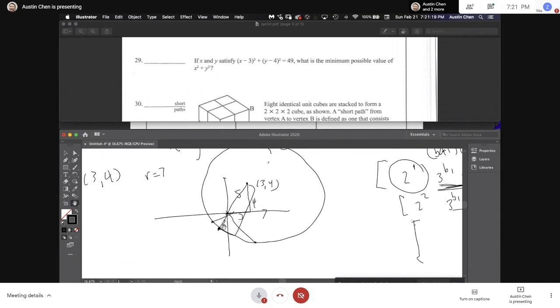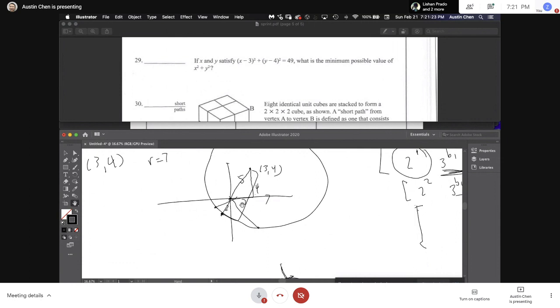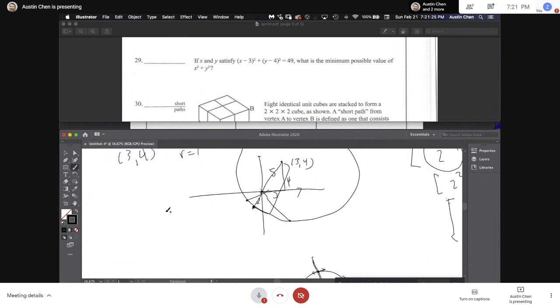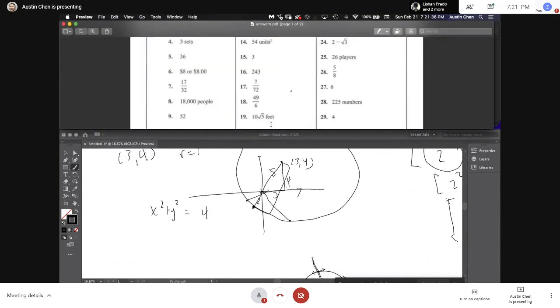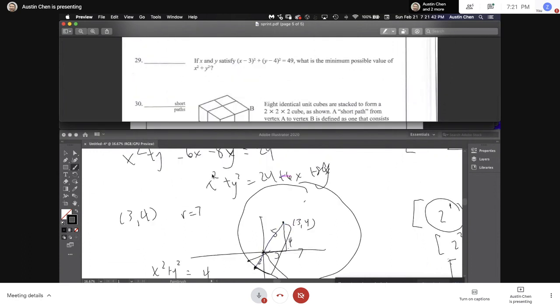And this is also the distance of the shortest point, which we wanted. So then our minimum possible value of x squared plus y squared is going to be equal to 2 squared, which is 4. So then that should be your answer. And that is your answer.